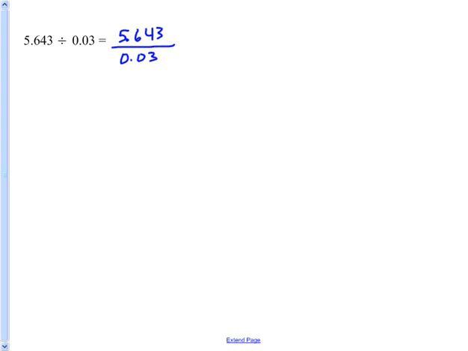So I want to make this into a whole number. Now to do that, I'm going to have to move the decimal over twice, which is like multiplying by 100. And so we're going to have to do the same thing to the top. So if I move this one over twice, once, twice, I move this one over twice. And so this would be 564.3 over 3.